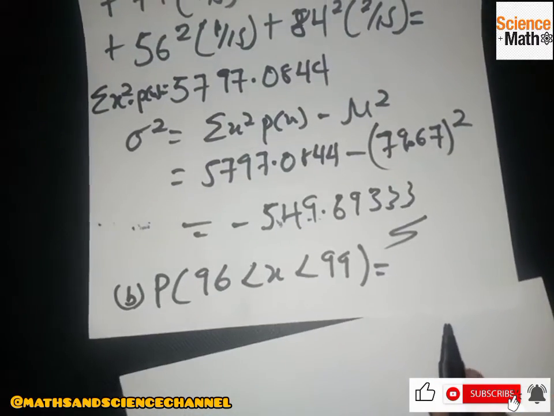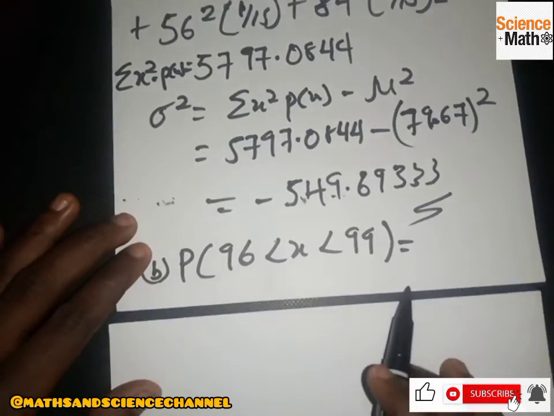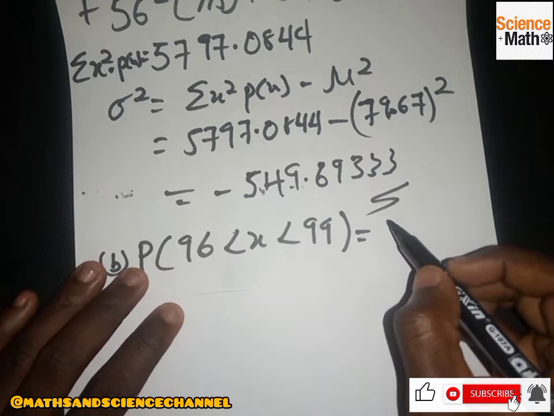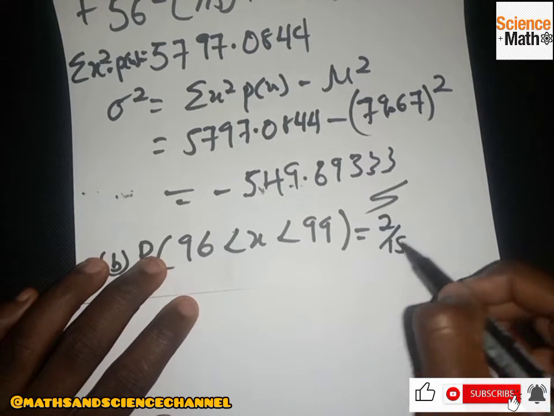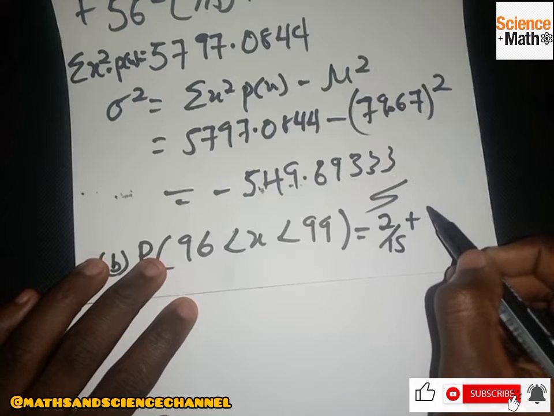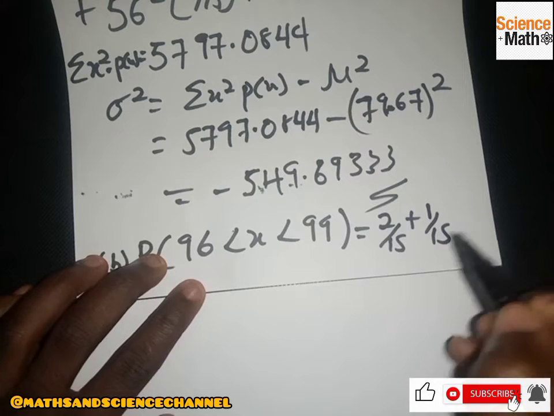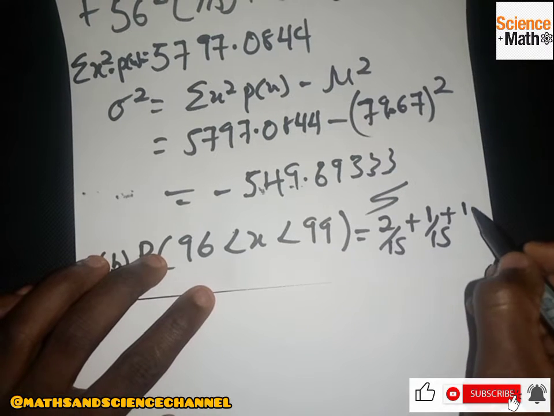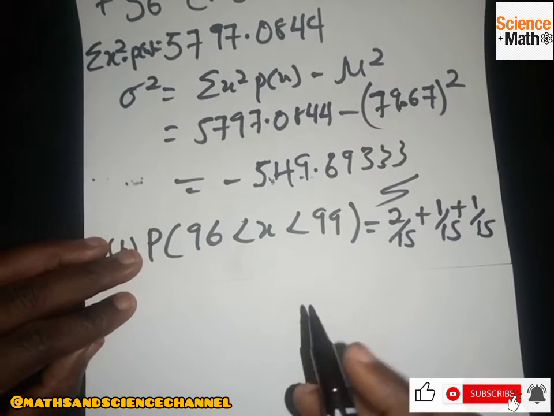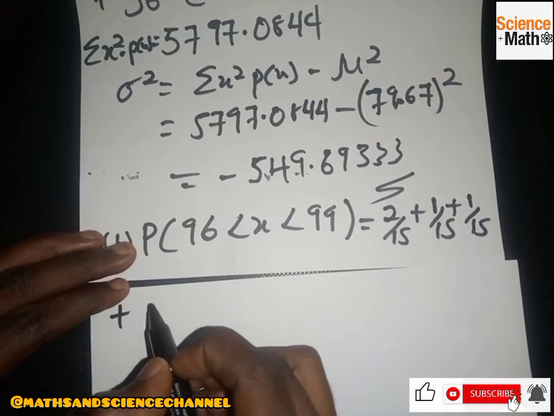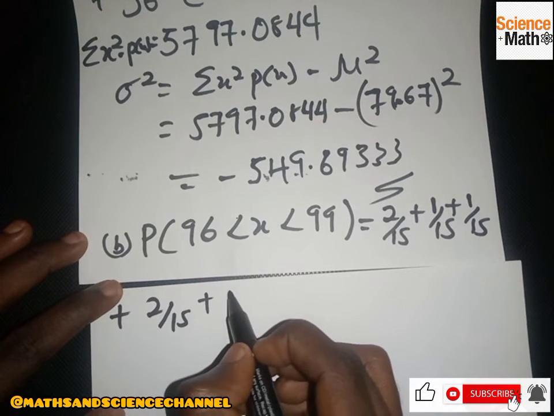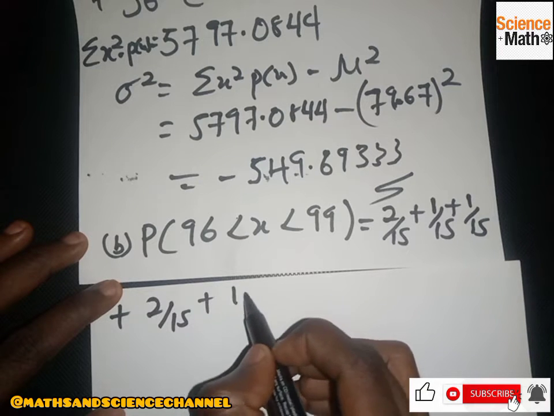So 87 is just 2/15, plus the next one, 65, which is 1/15, plus the next one, 49, which is also 1/15, plus the next one, 77, 2/15, and then the last one, 74, which is 1/15.